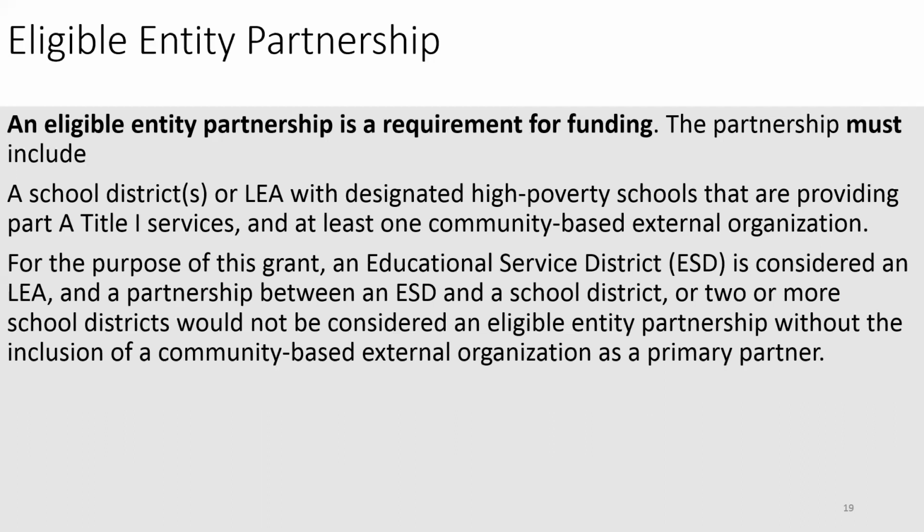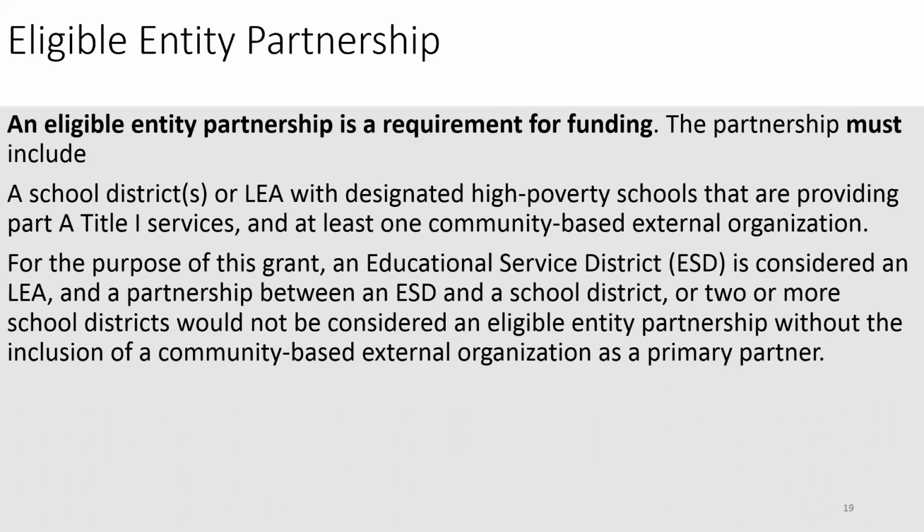A school district with designated high poverty schools, which is 40% or higher based off of free and reduced lunch price rates, that are providing Title I services, and at least one community-based external organization can be considered an eligible entity partnership. For the purposes of this grant, an educational service district, an ESD, is considered an LEA or a school district.